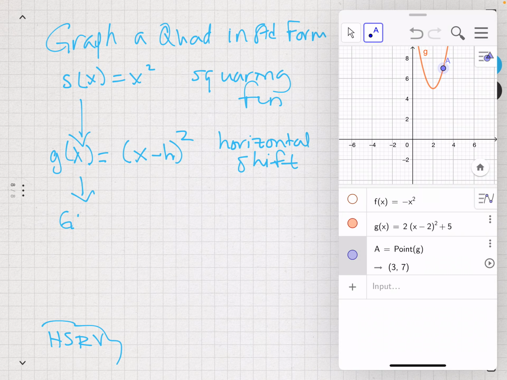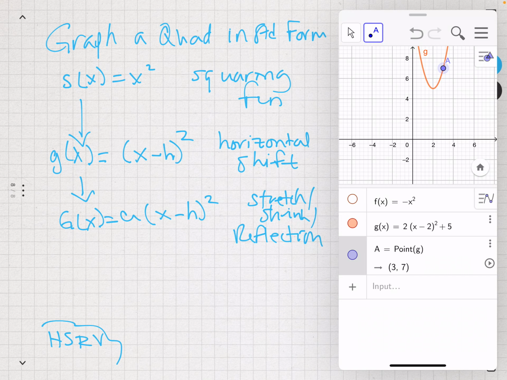And then we can apply another one, which is our stretch or shrink, (x minus h) squared. So we have a stretch or a shrink. And if that a is negative, we can also have a reflection. So that's our s and our r. And then, to get to our actual function, we have a times (x minus h) squared plus k, which is our vertical shift.